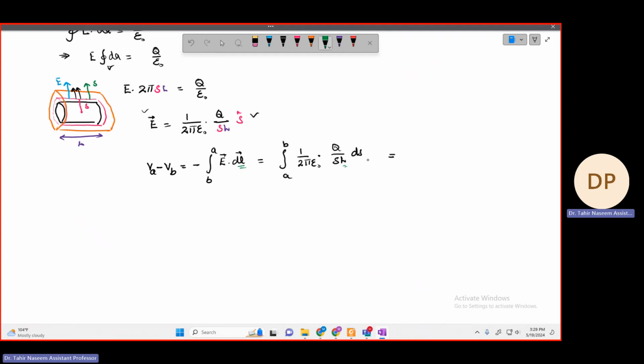That's why I have replaced dl with ds. So we are integrating in this direction, the radial direction. Then I can take the constants out: Q over 2 pi epsilon L, integration from A to B of 1 over S ds.